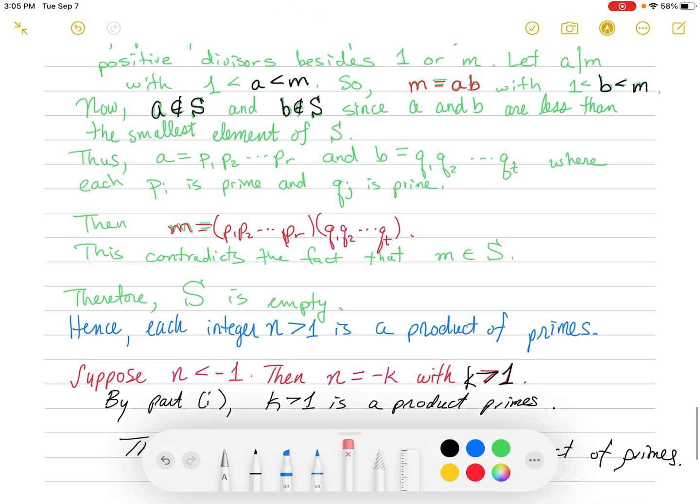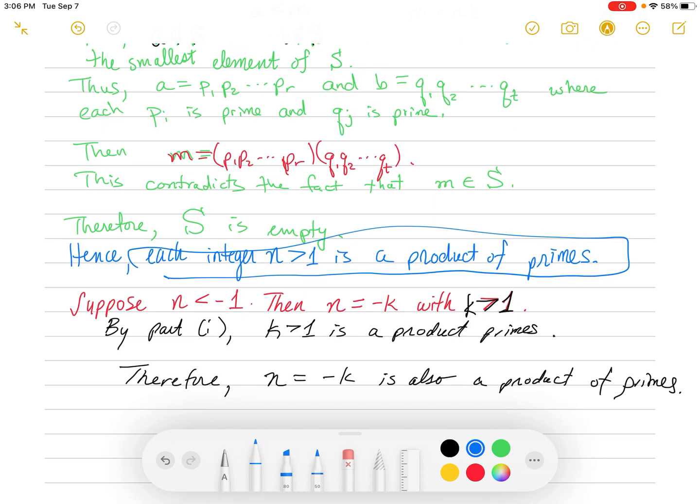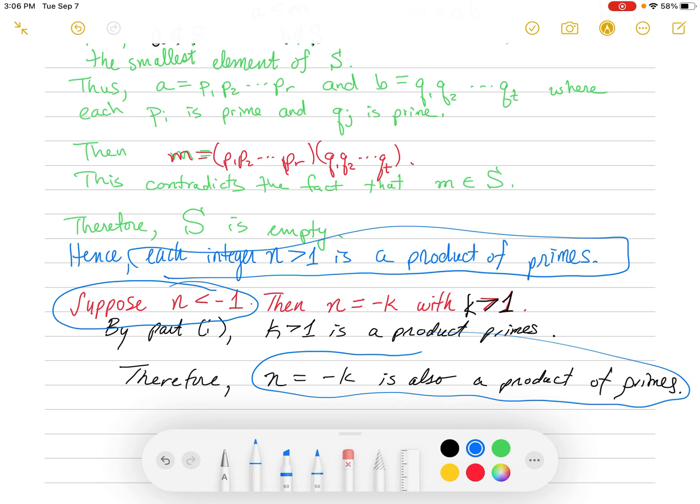So that's it. We've proven it for the positive case that every integer greater than 1 is a product of primes, and we also have proven it for integers less than negative 1. So that's it. That's the proof.